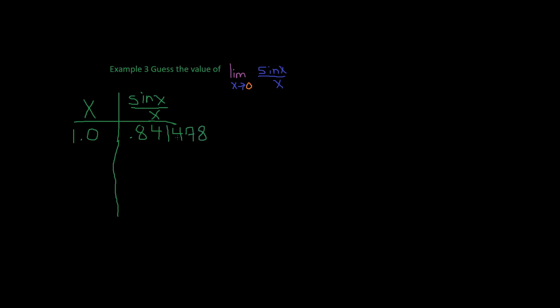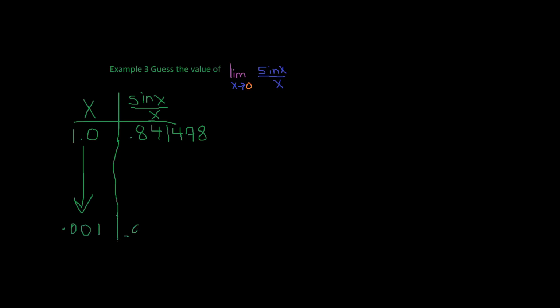Alright, anyways, so we plug in a number. Let's say we plug in the number 1. It equals 0.841478. And we can't plug in 0, right? Because if we plug in 0, it's going to be undefined, at least that's what it's going to tell us. And so we plug in a bunch of numbers close to 0. So let's say I plug in 0.001.